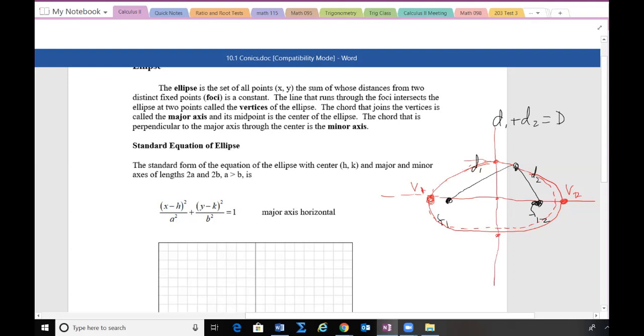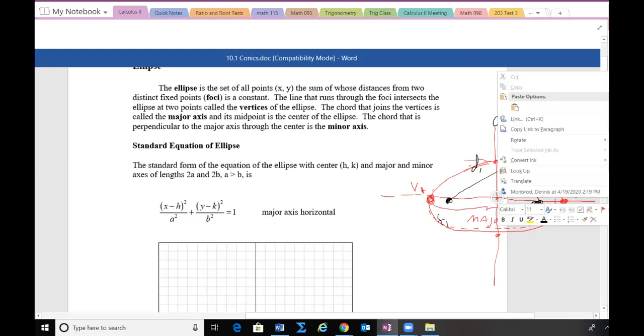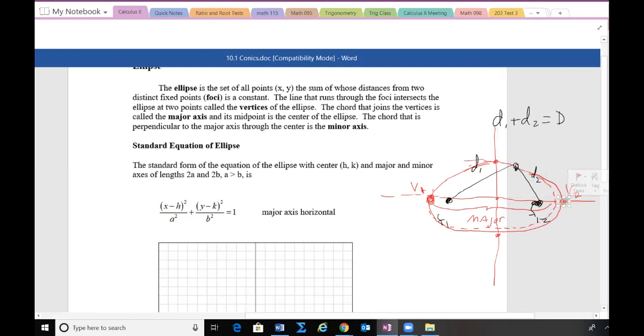And this axis along here, this is called the major axis. Okay, the length of that major axis is, well, the distance between the center and the vertex is A. So this distance from here, that's A. So the length of the major axis is 2A.